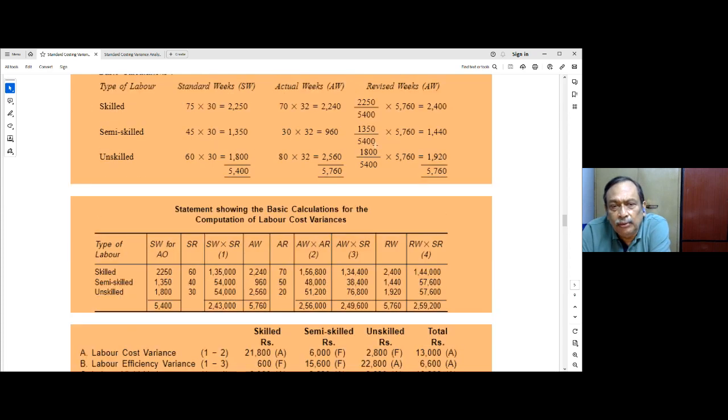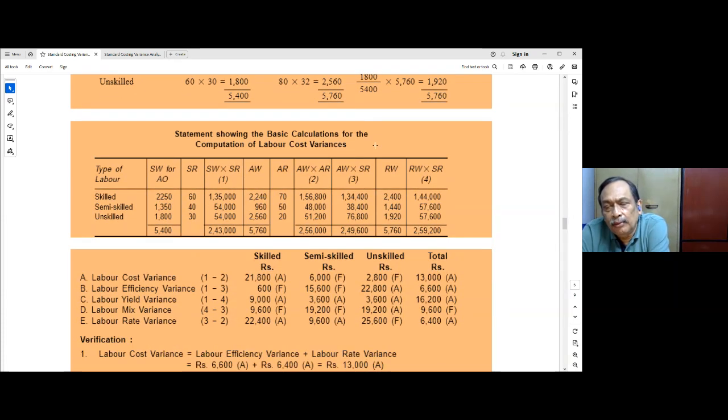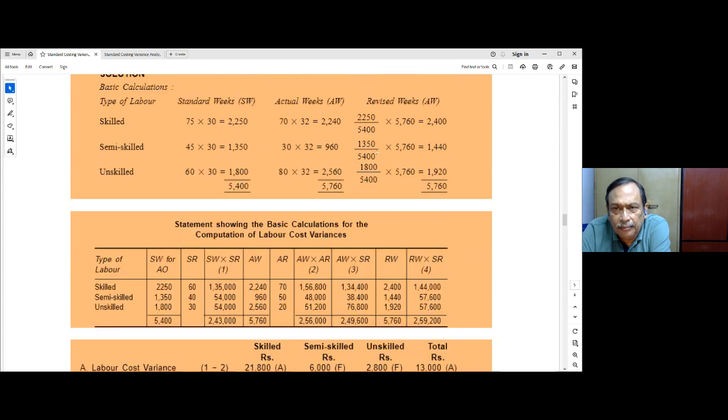Now we are going to present the table, and on the top we are writing the statement showing the basic calculations for the computation of labor cost variances. So we are having 10 columns, that is type of labor: skilled, semi-skilled, unskilled. Then we have already computed standard weeks for actual output.